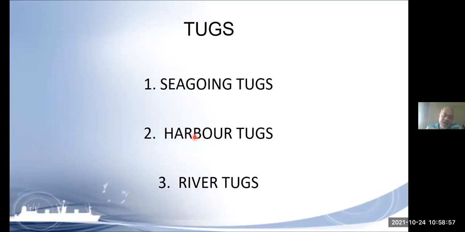If current is there, the current will push the ship, and to control that becomes a little difficult in constrained waters, in limited waters where the depth of water is very restricted, in very small restricted, narrow areas. So that is why you require tugs to pull the ship, tow the ship, push the ship. So for that purpose, harbor tugs are there.